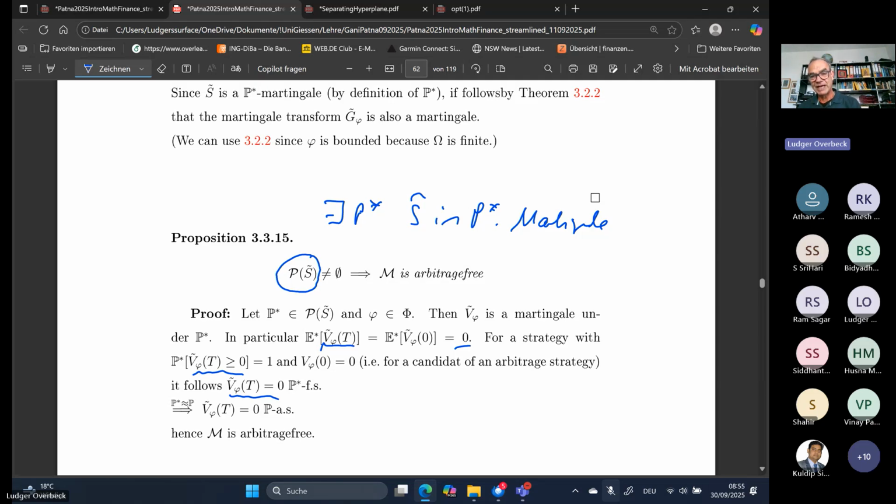You have to understand the structure of your market, which is just a filtered probability space. To find structural properties, you have to understand the space of probability measures which are absolutely continuous with respect to your starting measure P. And then you have to figure out: is there one measure in this set such that the process is a martingale?